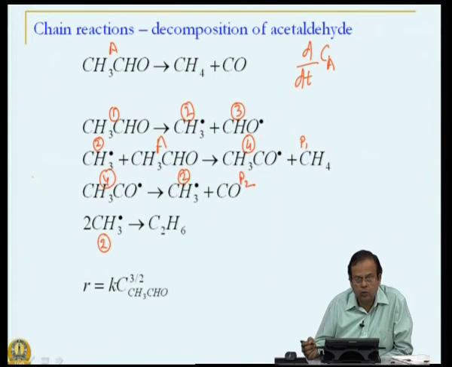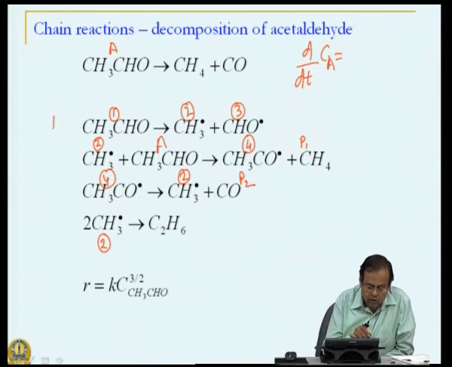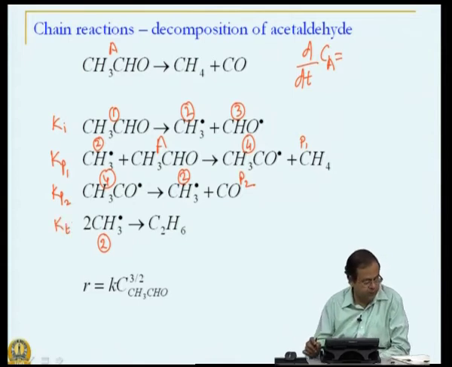So, we will just simply write reaction rate constants as K1, K2, K3, K4 for these 4 reactions, or it is still better. Let us call this initiation rate constant Ki, this propagation step 1 Kp1, this as Kp2 and this as Kt.